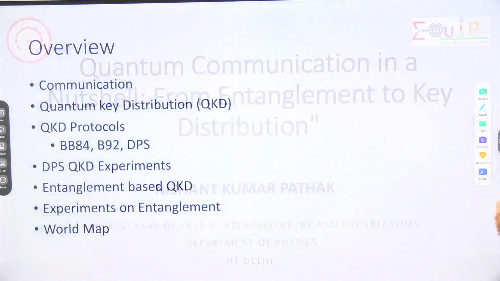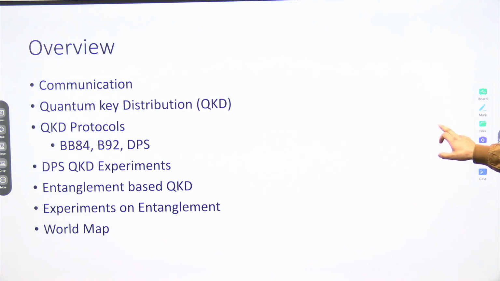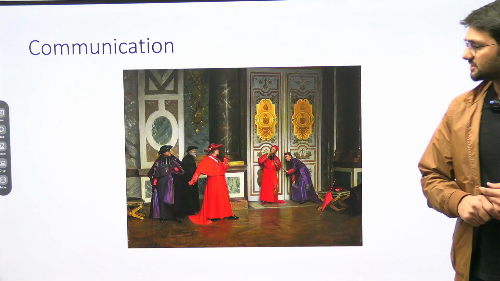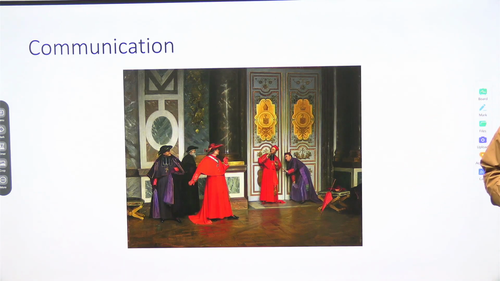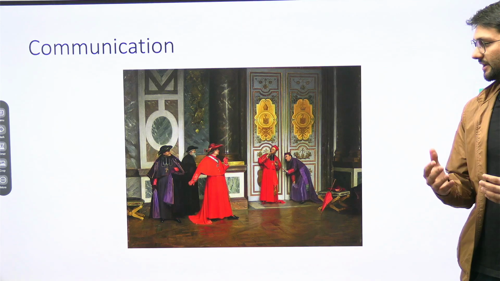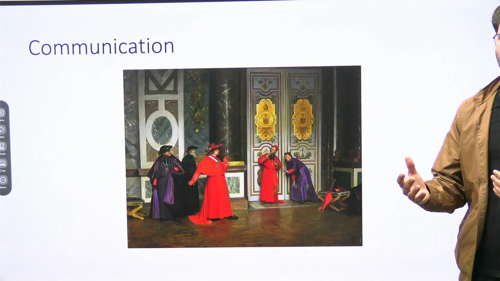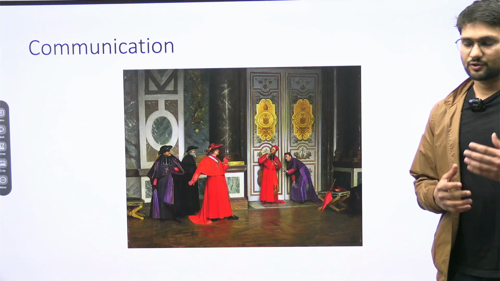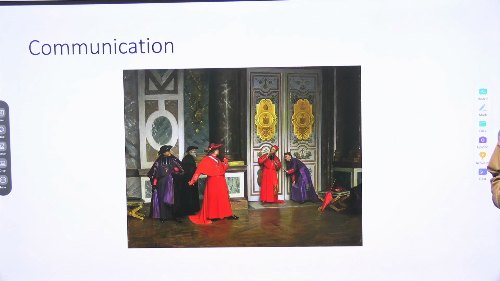Since the ages we started communicating with each other, we wanted our communication to be private, right? No other non-intended party would be able to listen to it. And there is always a possibility of an eavesdropper.